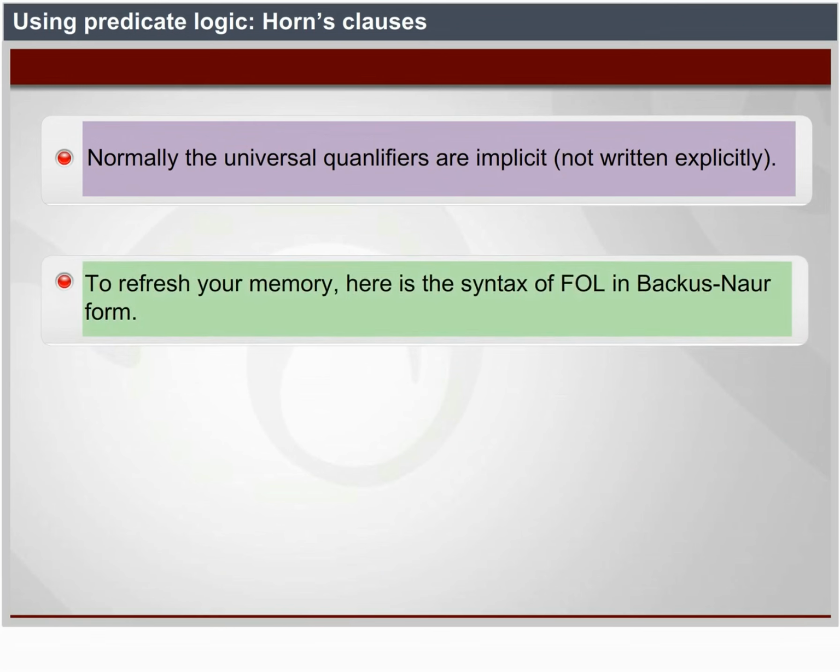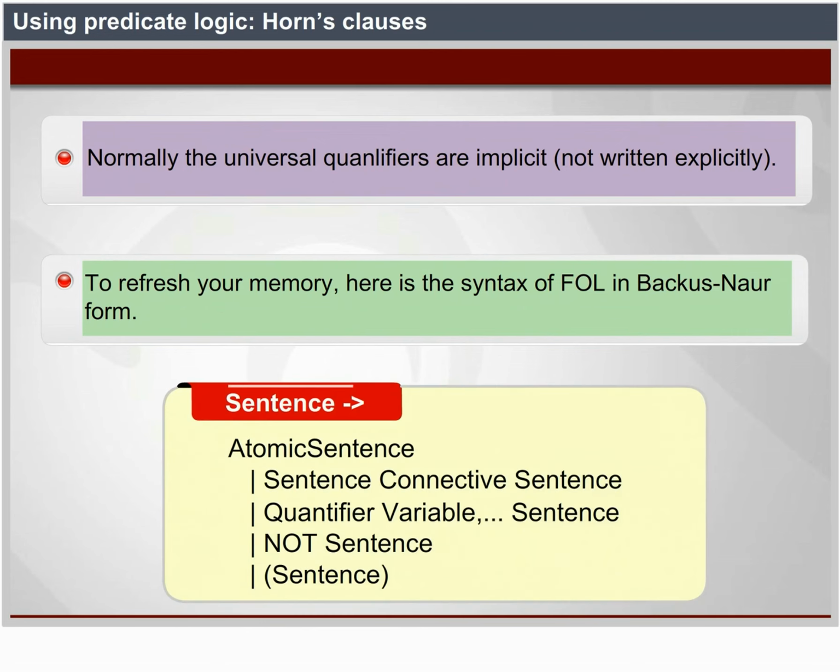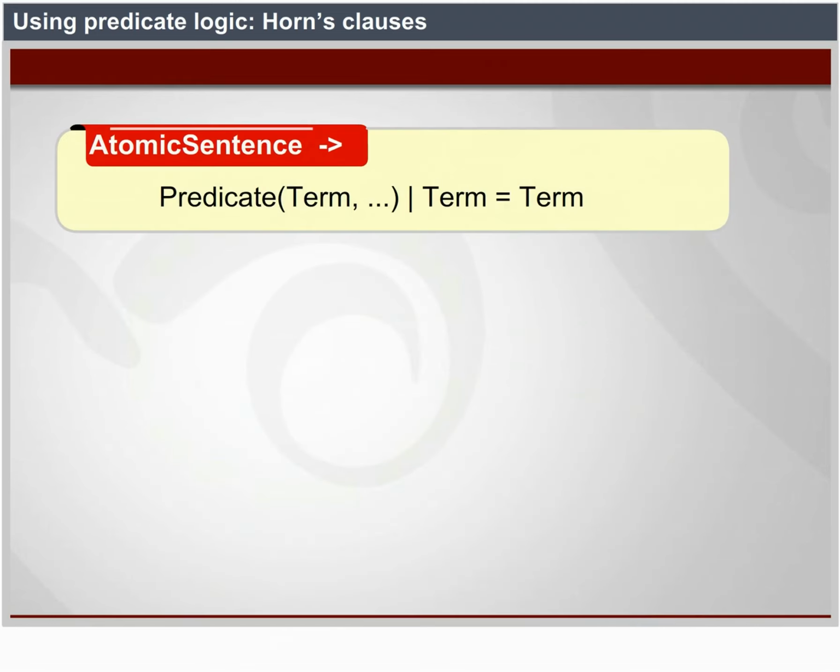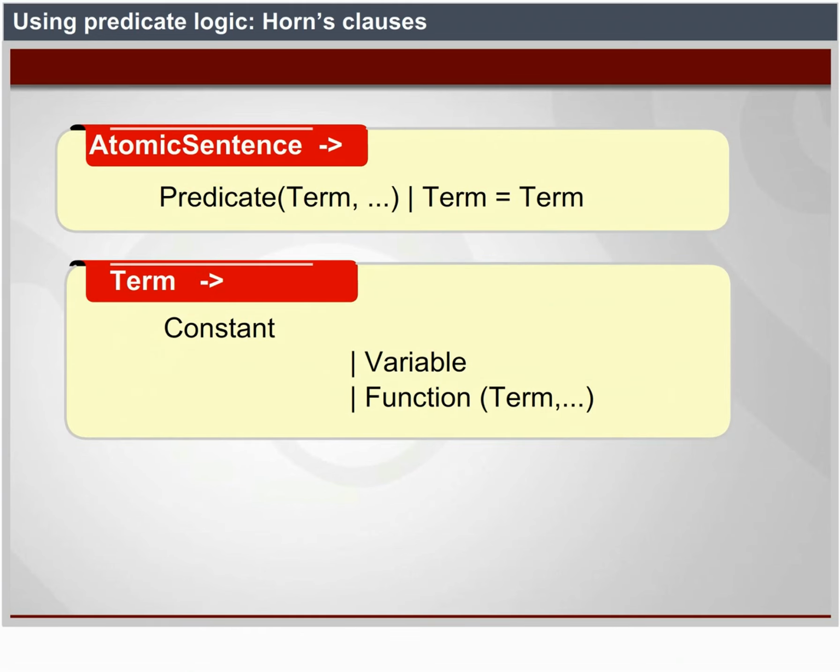To refresh your memory, here is the syntax of FOL in Backus-Naur form. Sentence: atomic sentence, sentence connective sentence, quantifier variable up to sentence, not sentence. Atomic sentence: predicate of term, or term equals term. Term: constant, variable, function of term.